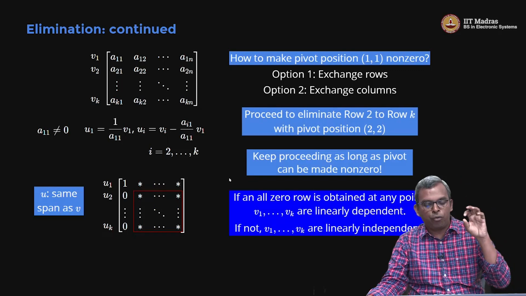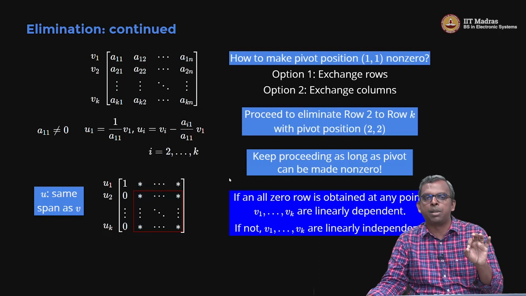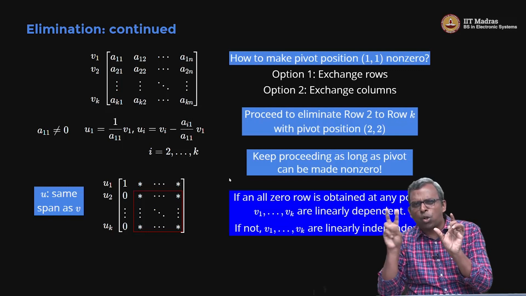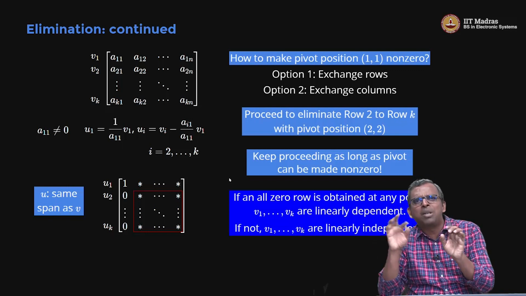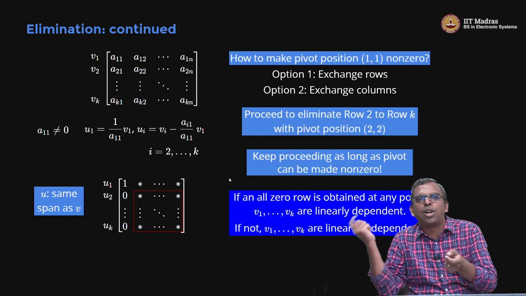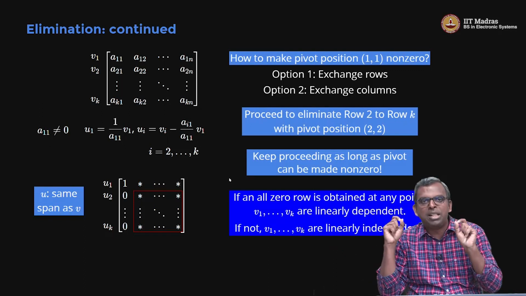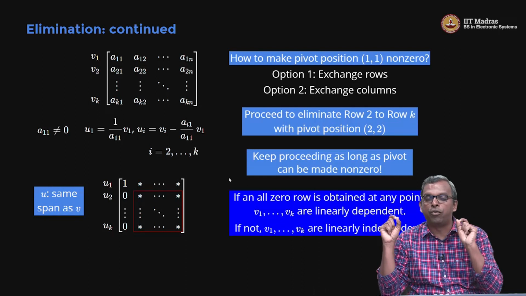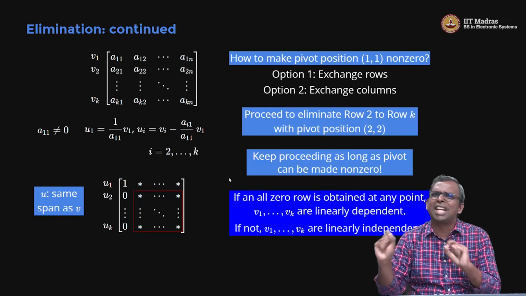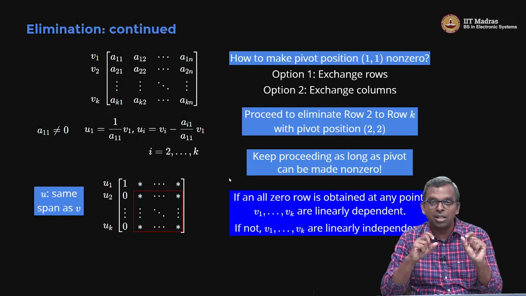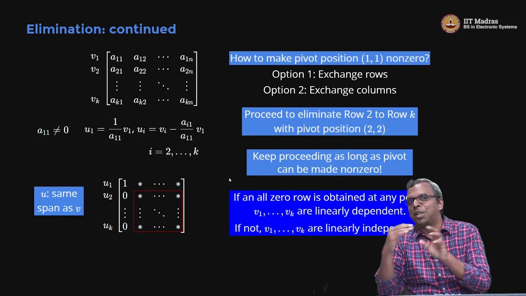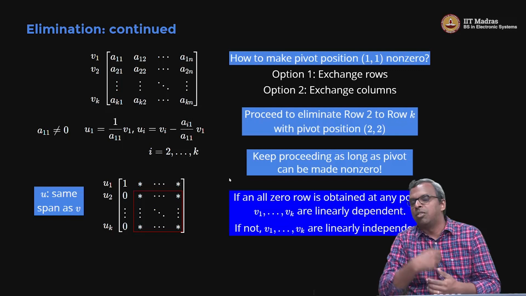So finally, every row you get in this elimination process is a linear combination of V1 to Vk. Of course, there is that column permutation you have to do, but that column permutation doesn't change anything, it's just changing the ordering, right? So you have a linear combination of V1 to Vk at every stage. This elimination is very nice that way. You're only doing linear combinations, but you're getting a nice structure in your linear combinations. There's a 1-0 structure which helps you do things.